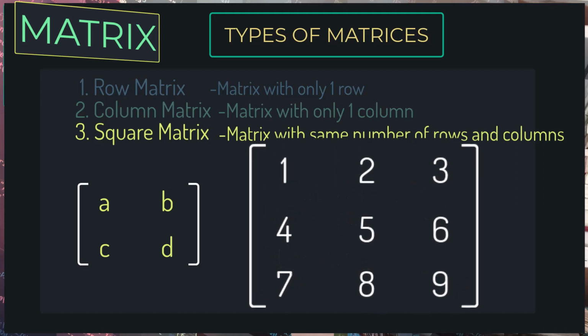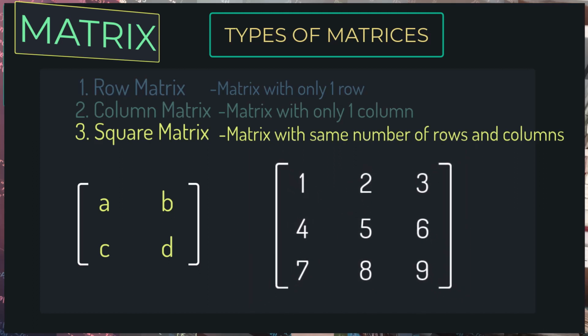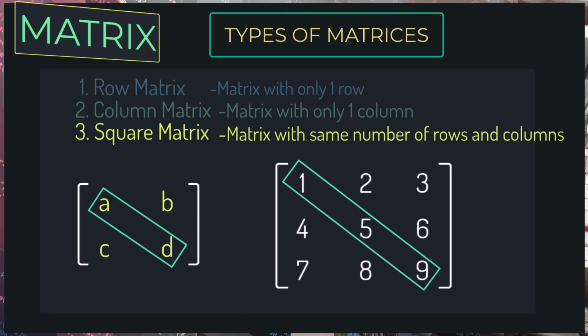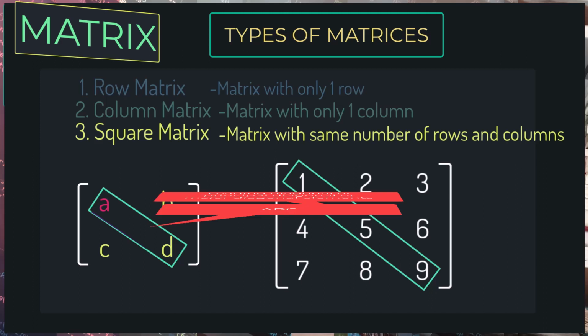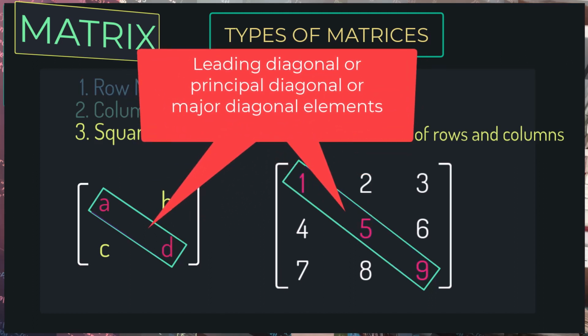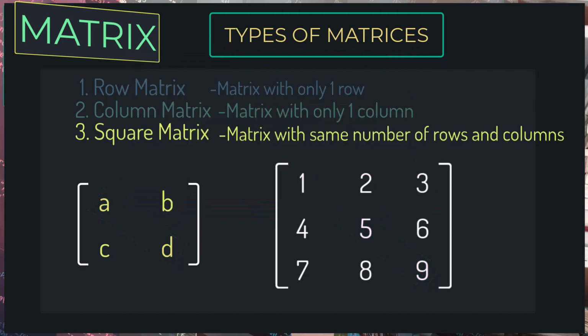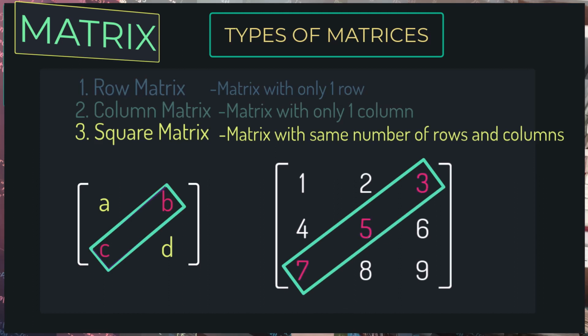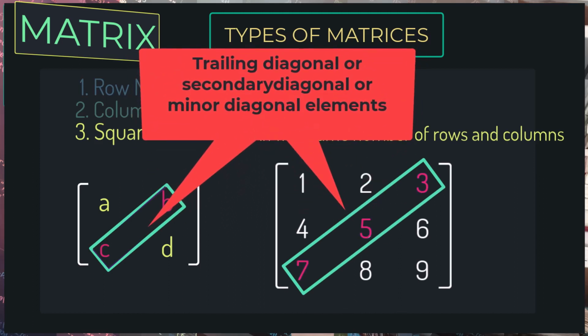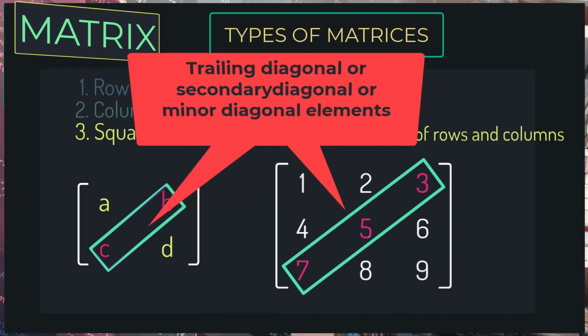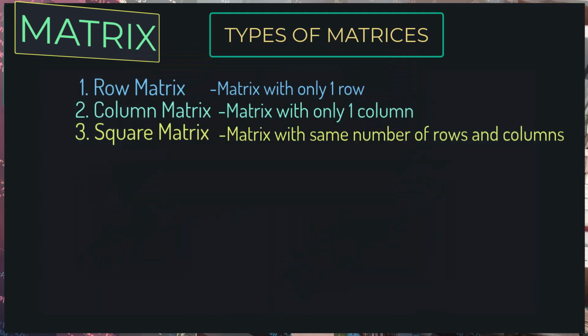In a square matrix, if you join the first element at the top left corner and the last element at the bottom right corner using a line, the elements on this line are called the leading or principal or major diagonal elements. The other diagonal elements, that is from top right corner element to bottom left corner element, are called trailing or secondary or minor diagonal elements.